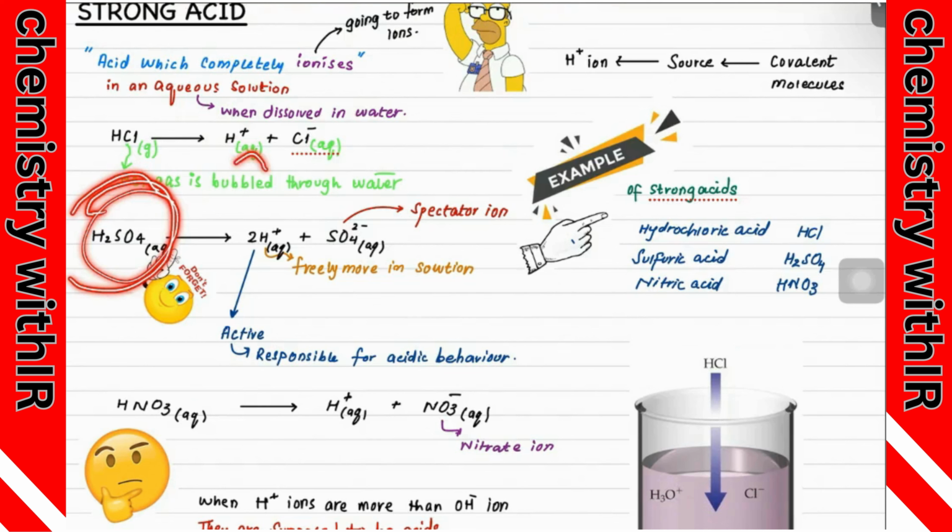If you have 100 molecules of H2SO4, then out of 100 molecules, 98 molecules should give their H positive ion. Nothing is 100%, of course, but if 98 molecules give their H positive ion, then I would say this is a strong acid.